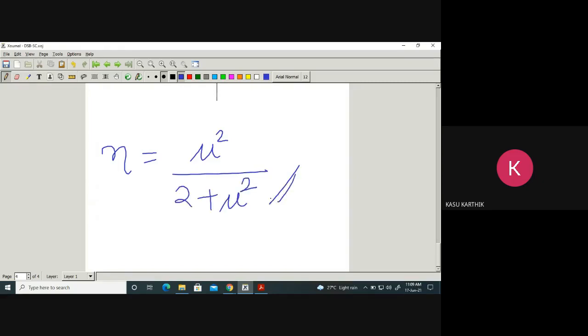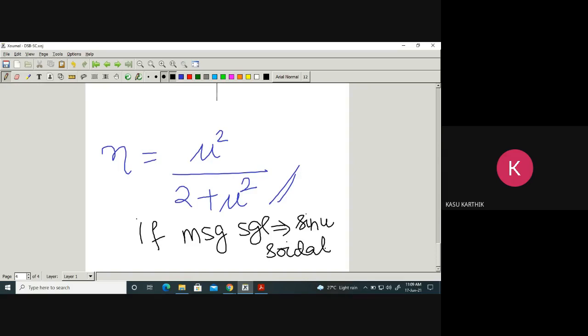This is very, very important. Remember, it is for what modulation? If message signal is sinusoidal signal. Okay. In general, what is the power efficiency formula?